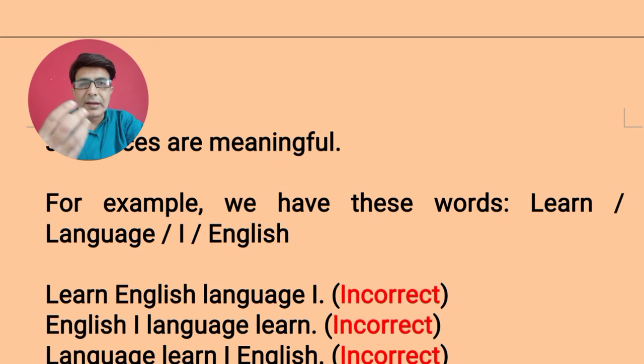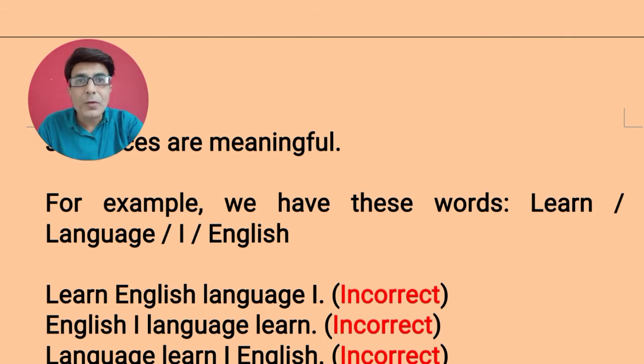Let's try to understand this definition through one example. Say for example, we have some words like learn, another word language, another word I, and the next word English. We have these four words with us.